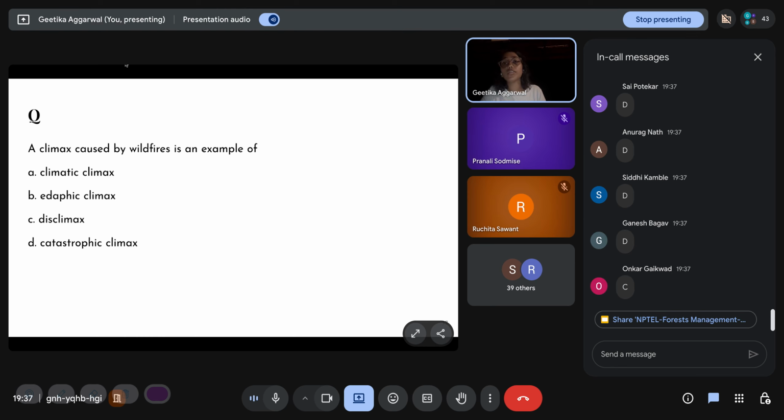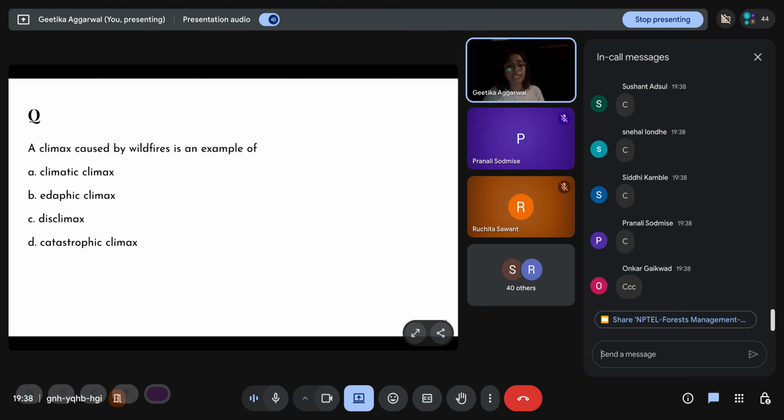Nice. So, the next question is: a climax caused by wildfires is an example of climax, edaphic climax, disclimax, or catastrophic climax? A lot of you are saying C for this question. Are you sure? A climax community caused by wildfires is an example of.